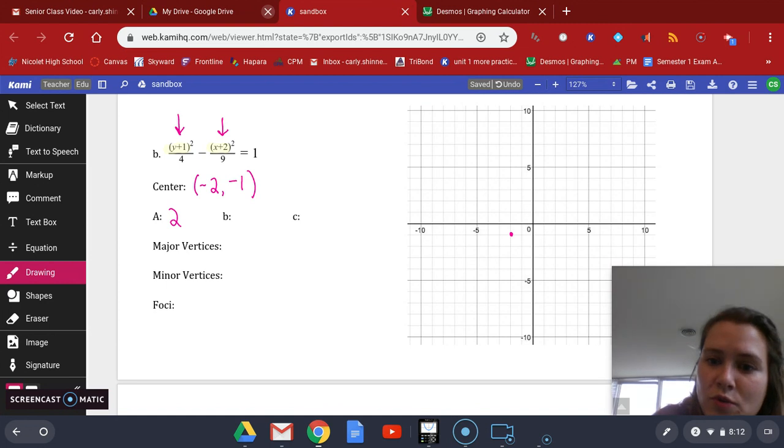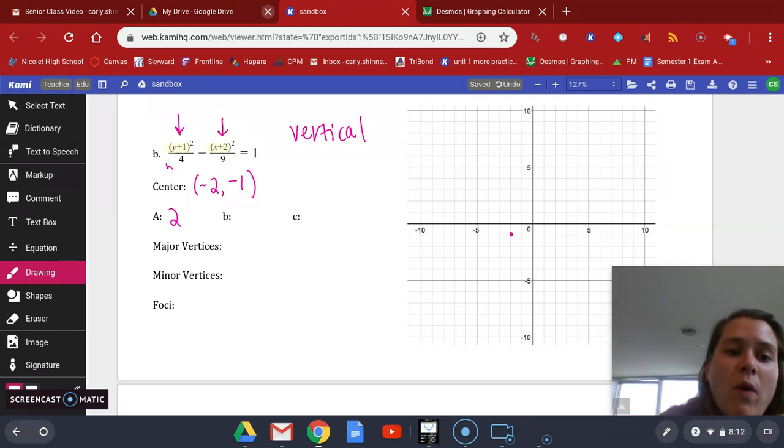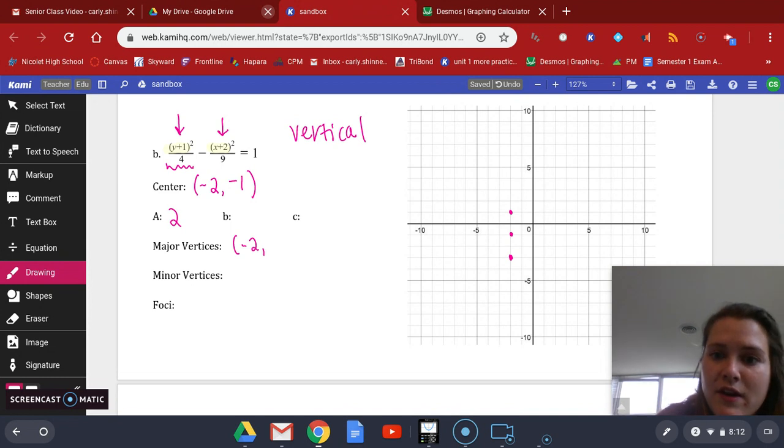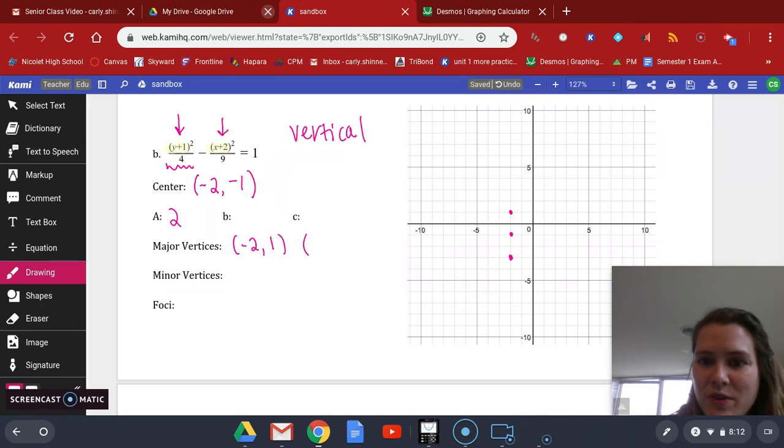My A is 2. So this one is going to be a vertical hyperbola, all right, because the Y term comes first. So I'm going up 2 and down 2 for my major vertices here, okay? So a common mistake there as well is to forget if it's vertical or horizontal. So good to check that with Desmos and make sure you're rocking here.